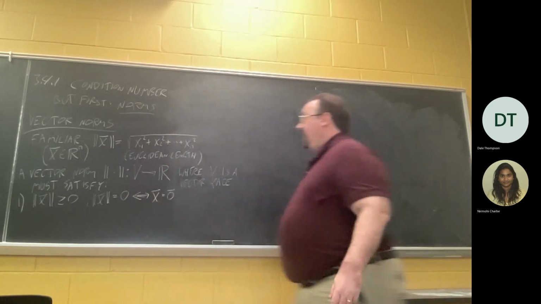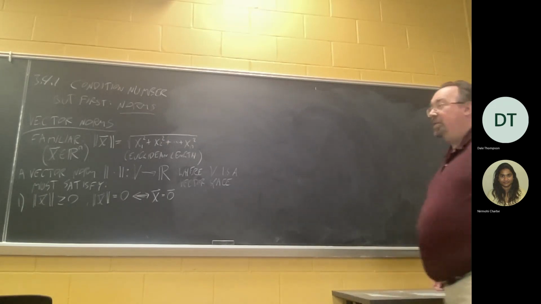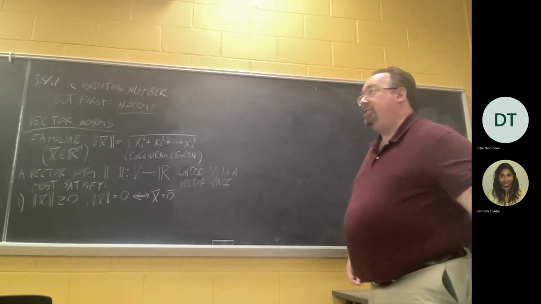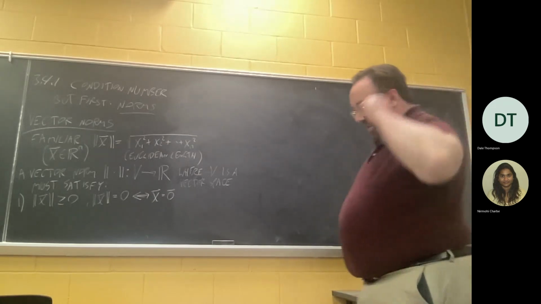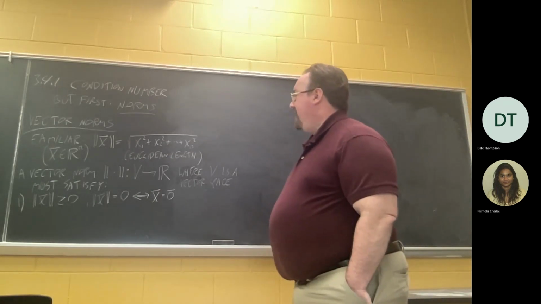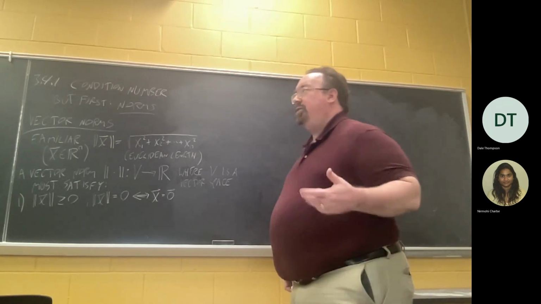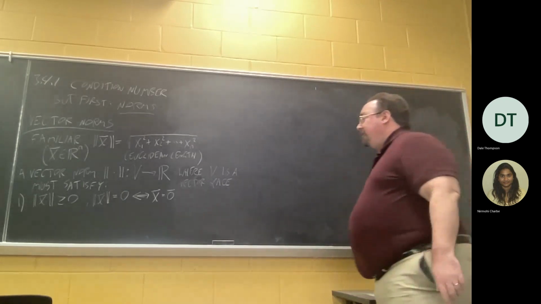So it makes sense. If you're talking about magnitude, a 0 vector should have a magnitude of 0. Any other non-zero vector should have at least some non-zero magnitude. Often, if a function that you're not sure is a norm fails to be a norm, it's usually because it doesn't satisfy this property.